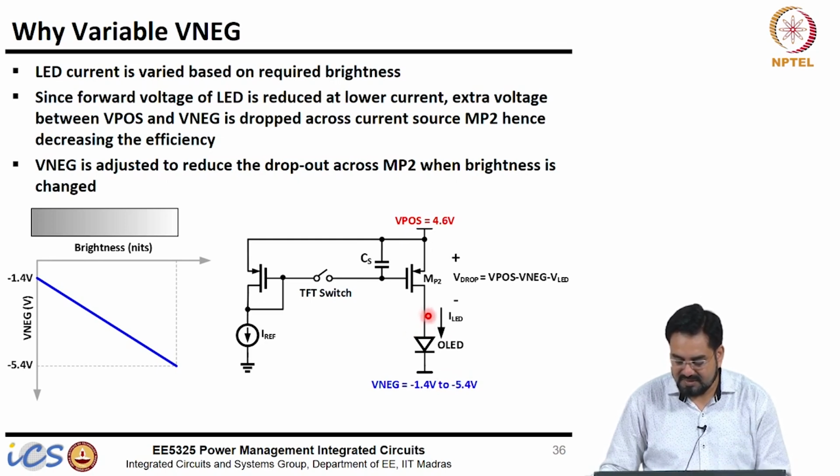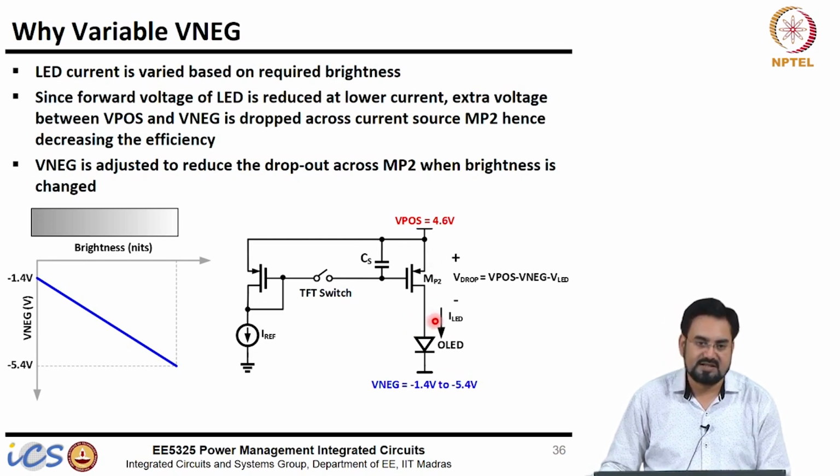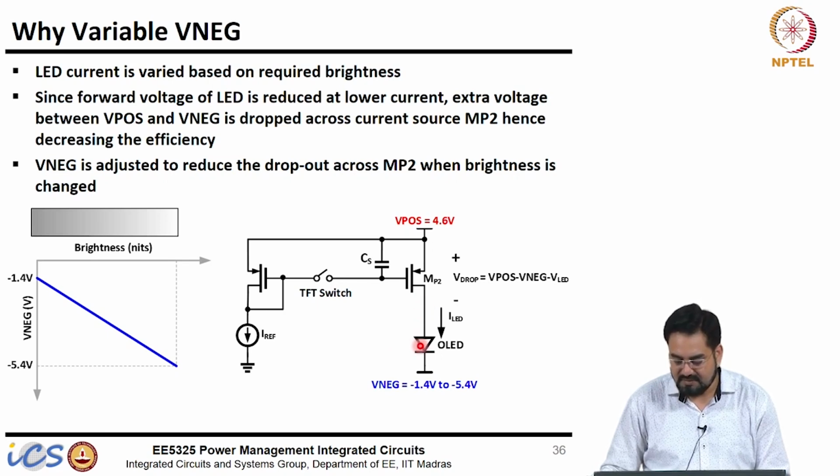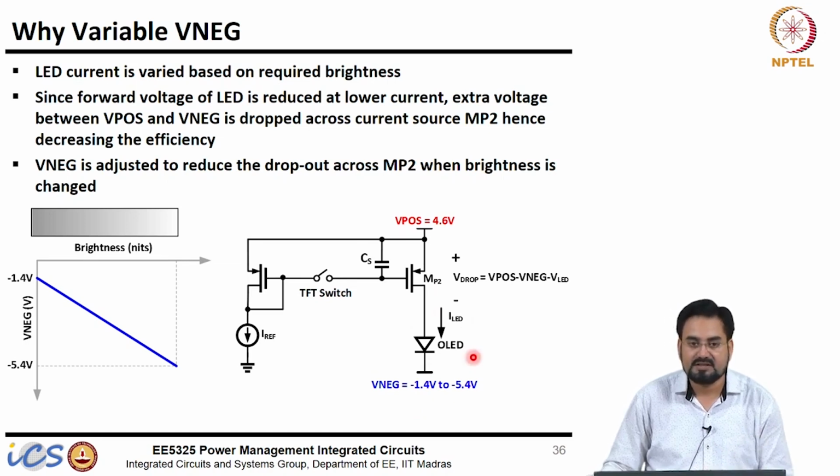But the problem here is that since this current is constant, this voltage has to drop, correct. Because we are having a constant current, this voltage has to go low when we are reducing the current, because this LED has to maintain its forward voltage.